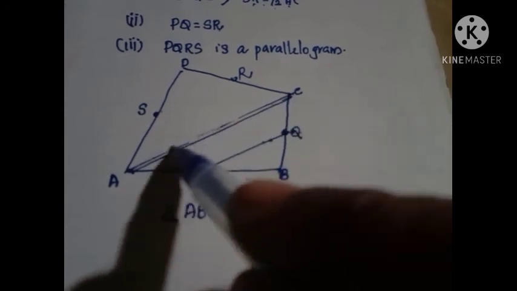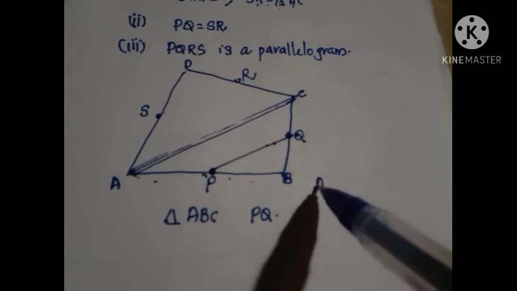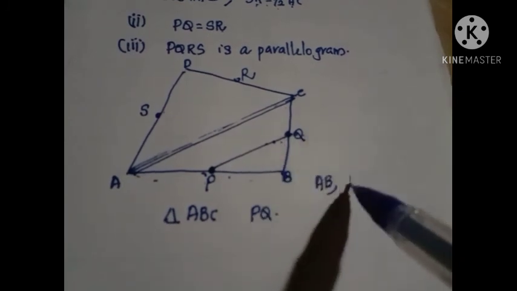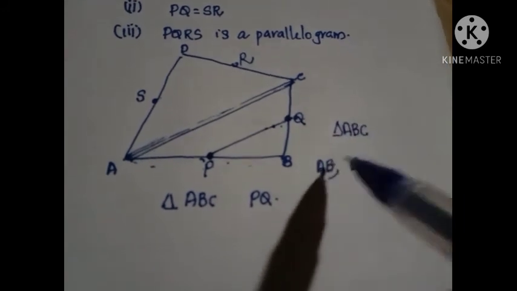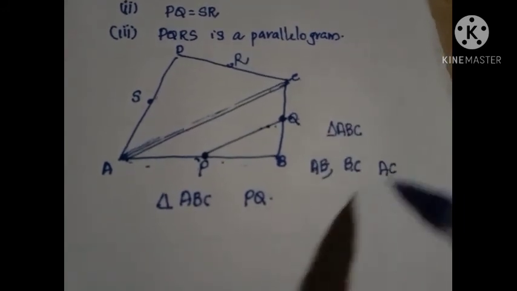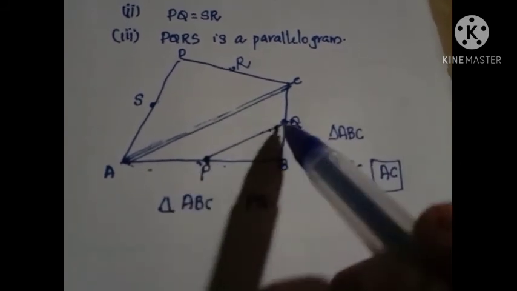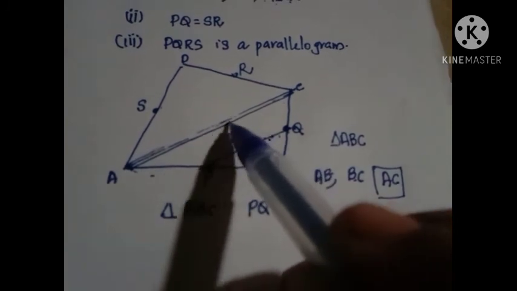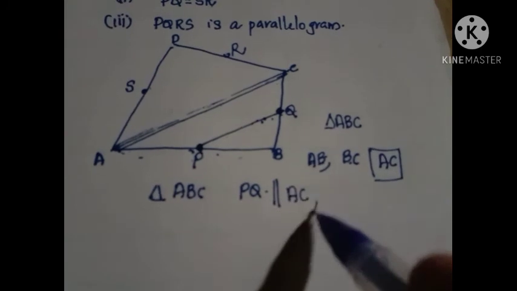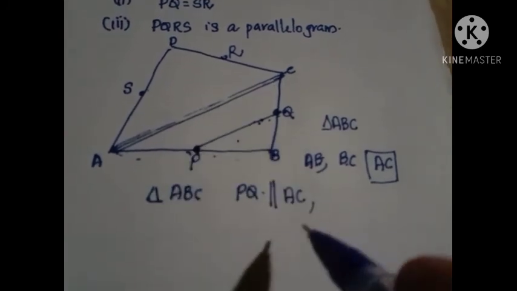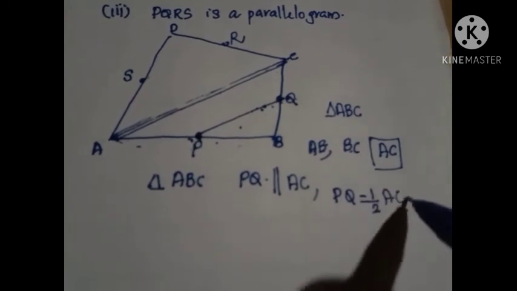What is the third side? AC, because P lies on AB and Q lies on BC. So by the midpoint theorem, PQ is parallel to AC and half of it. Half of it means PQ is equal to half of AC.